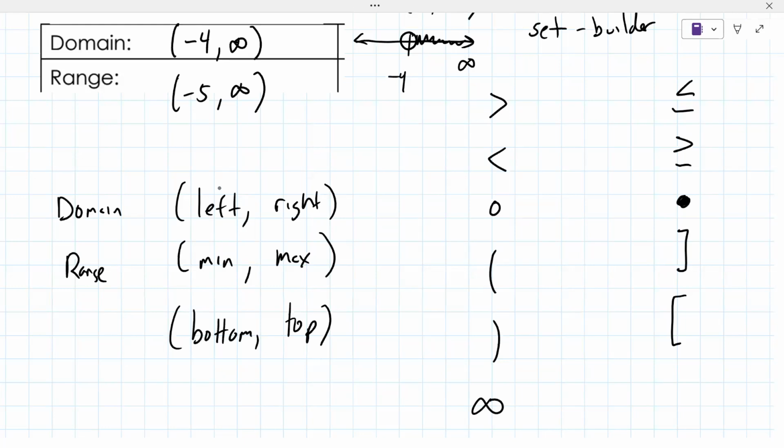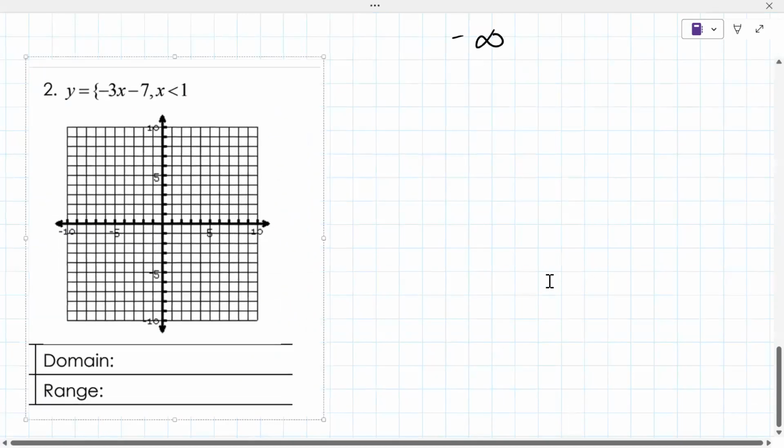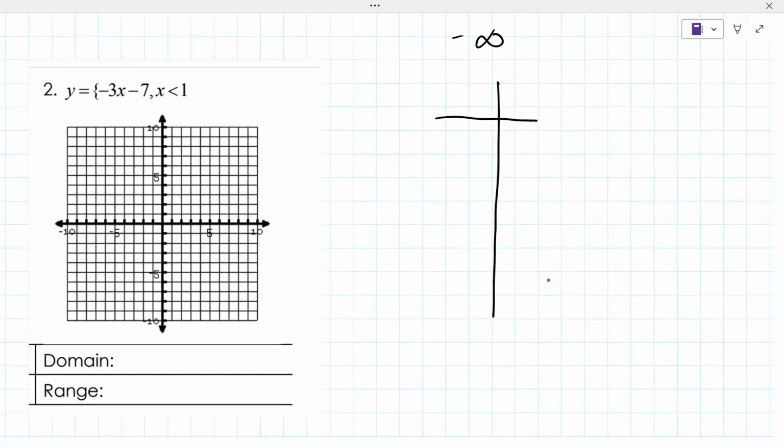All right, so let's look at number two. Do you want to try doing number two on your own, or do you want me to jump in and show you how to do it? What I did when I got it was I used the x, since x is less than 1, so yeah, it'd be open.